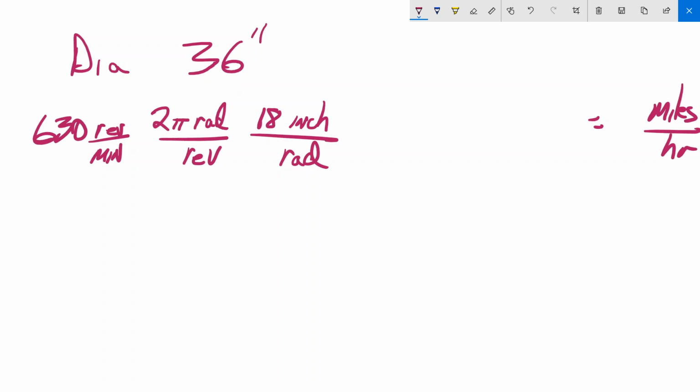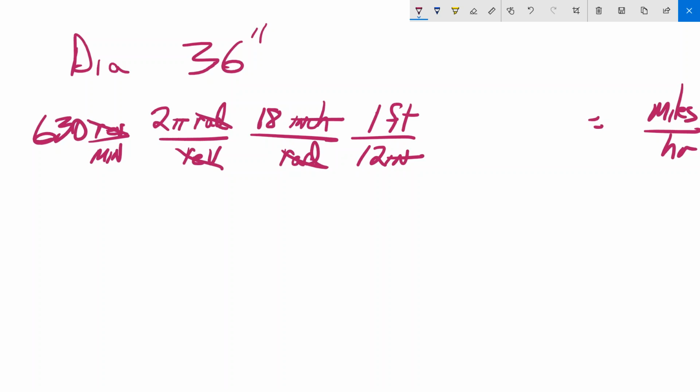In other words, that's the way you do these. You just try to get rid of everything and end up in miles per hour. Well, I'm in inches per minute, so it's not that hard to convert to miles per hour. Okay, we know that there are 12 inches in 1 foot, right? Gets rid of the inches.